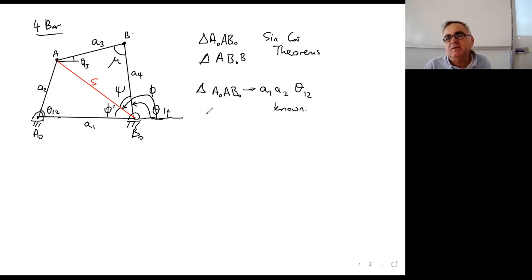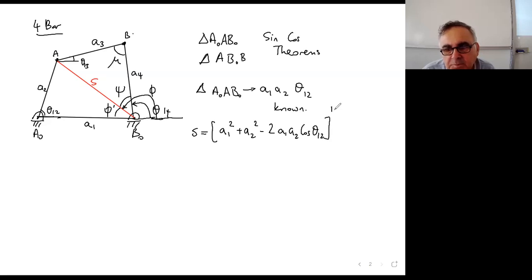Two sides and an angle is enough to determine a triangle. So you can immediately find, for example, S from the cosine theorem, very simple: S is equal to a1 squared plus a2 squared minus 2 a1 a2 cosine theta 1,2, to the power 1 over 2. That gives you this distance S.